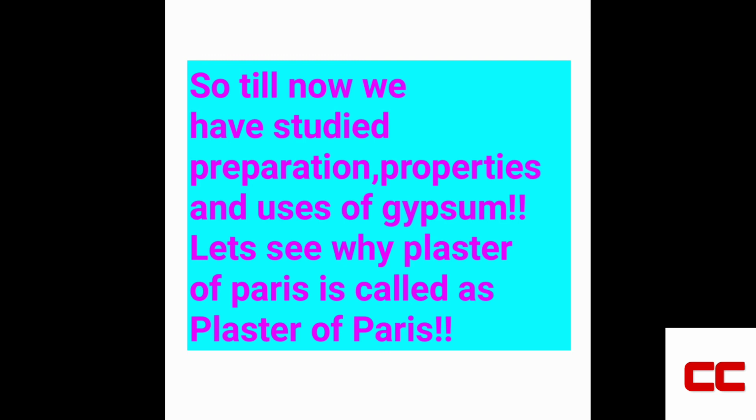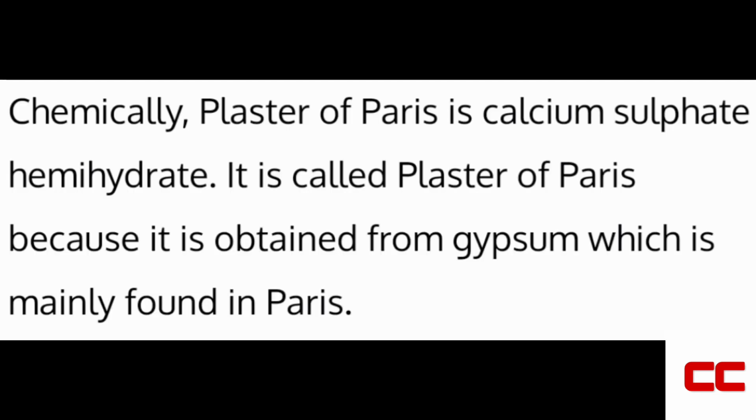Let's see why plaster of Paris is called plaster of Paris. Chemically, plaster of Paris is calcium sulfate hemihydrate. Now what is the formula of calcium sulfate hemihydrate? Exactly, it is CaSO4.1/2H2O. That is why we call it hemihydrate. Whereas calcium sulfate dihydrate is gypsum.